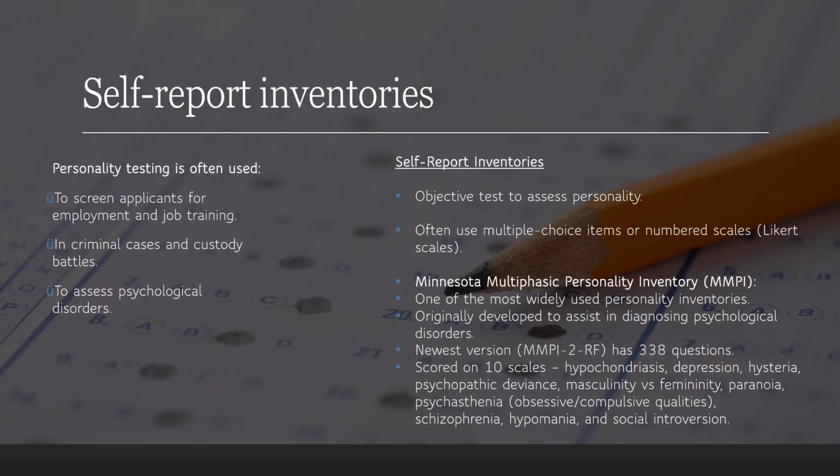This is something that the test developer would identify, but they would also send this out to other people who are experts to identify whether or not they thought that this was a valid measure. You could also compare the test to other personality tests to see if there's a relationship, especially those that are already established and have validity and reliability and are standardized.